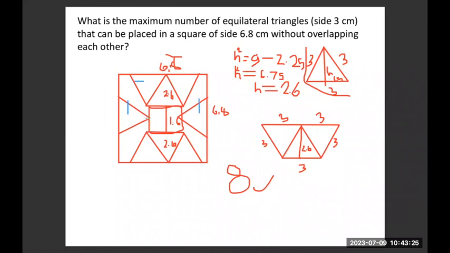You cannot move this till this tip. If it moves more than 0.8, it will start overlapping. Okay. Any doubts? Any questions?